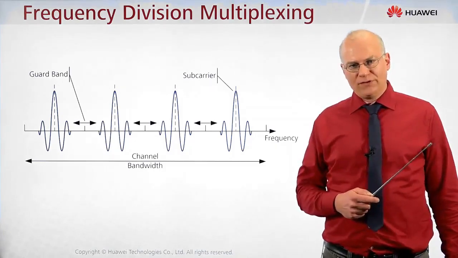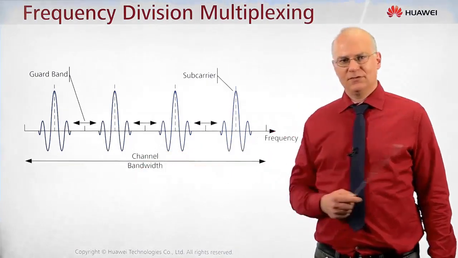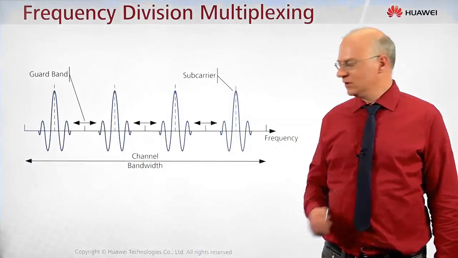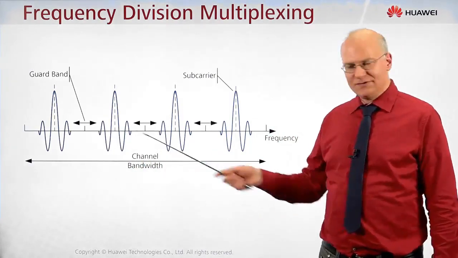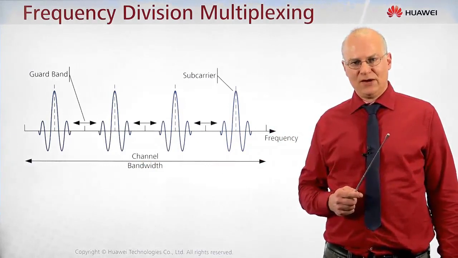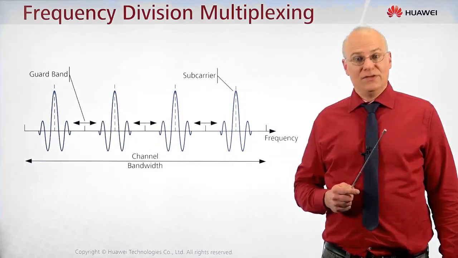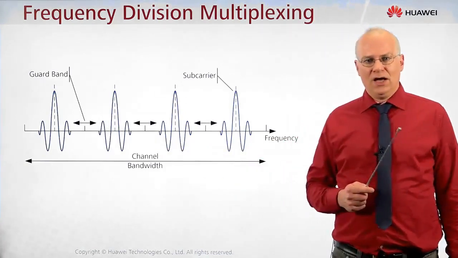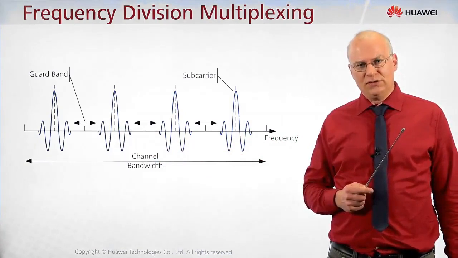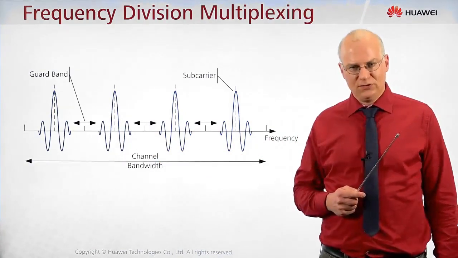But if one cell uses, for example, this frequency carrier, in the same cell we cannot use the adjacent frequency carrier because of the interference. This means the two frequencies are not orthogonal to each other, causing interference.